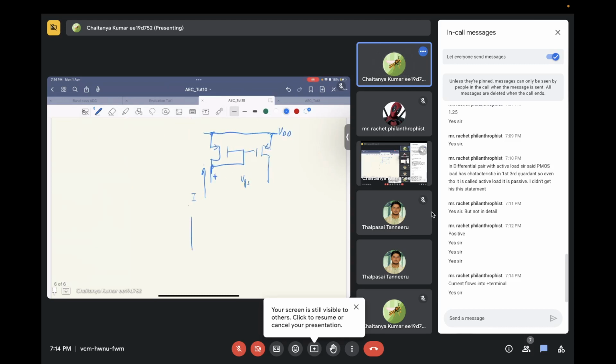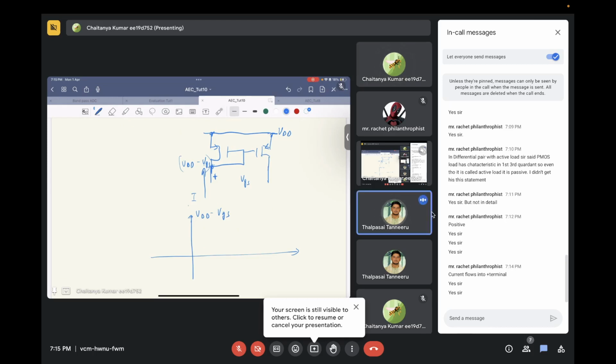Now, this is basically your VDD minus VGS, and current is flowing inside this. So VDD minus VGS is a positive quantity, right?